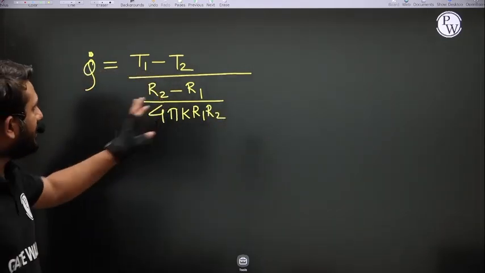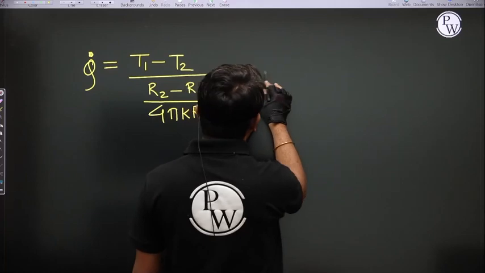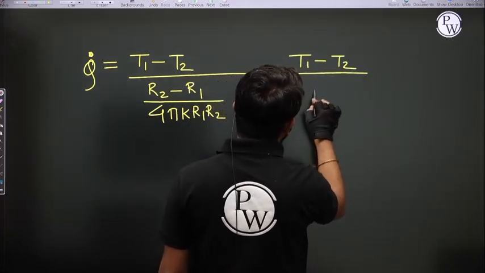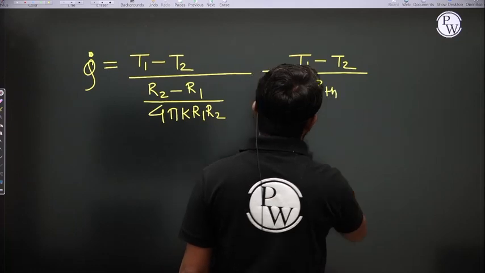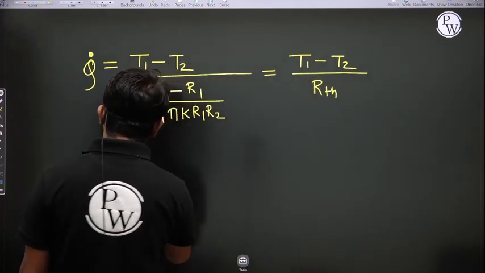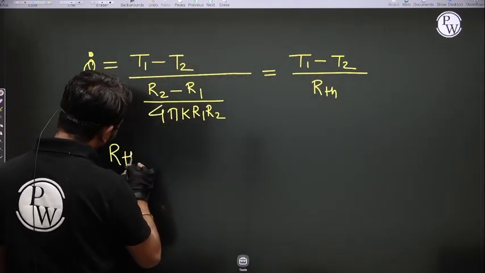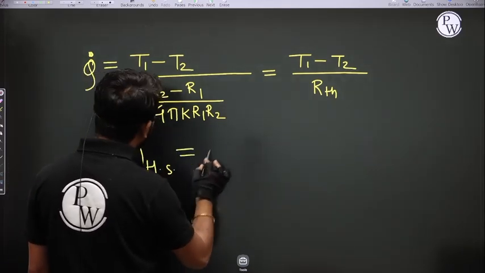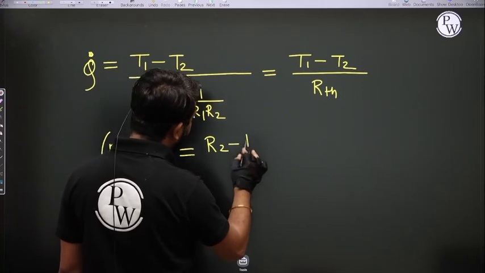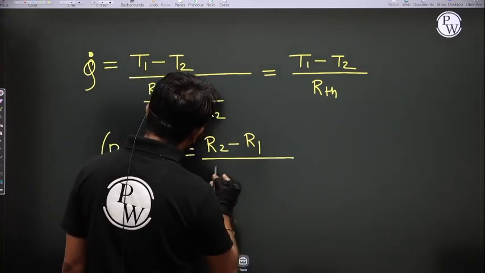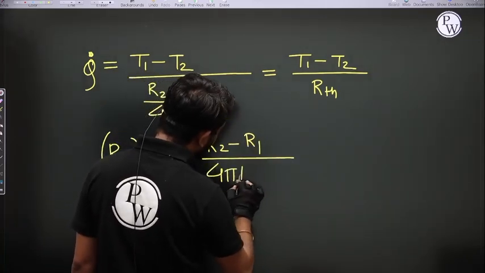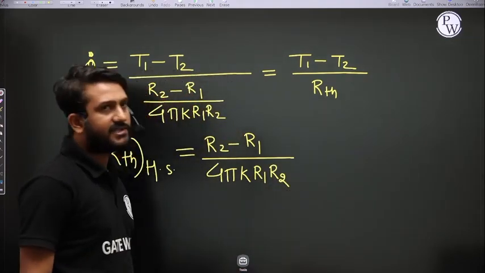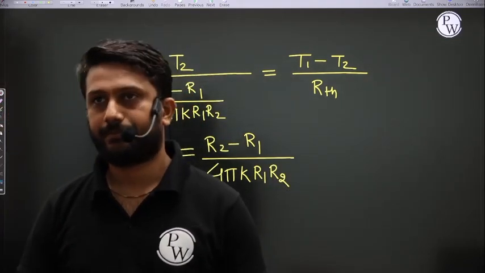If you compare this expression with T1 minus T2 by R_TH, ultimately you get the R_TH also. That means the thermal resistance in case of the hollow sphere is R2 minus R1 divided by 4 pi K R1 R2.